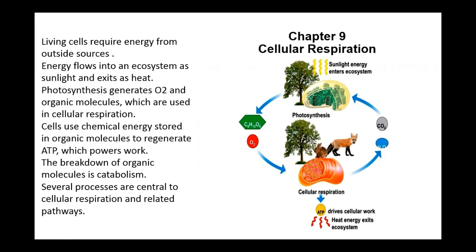ATP is what's going to make the flagella move. ATP is what's going to cause your muscles to contract. Cellular respiration is broken down into three basic processes: glycolysis, the citric acid cycle, and then the electron transport chain.